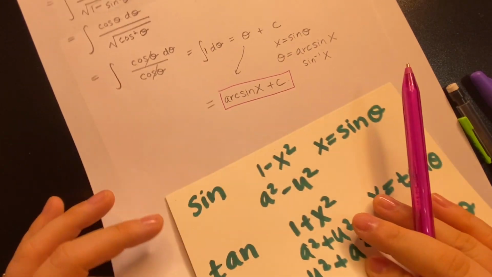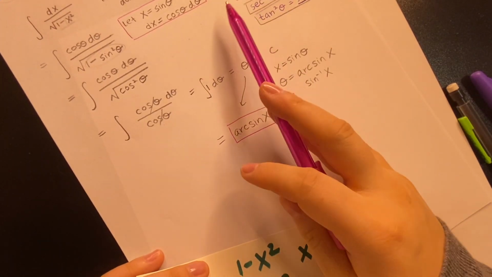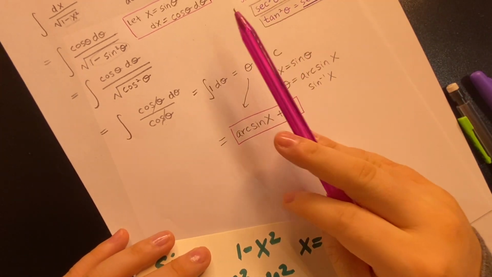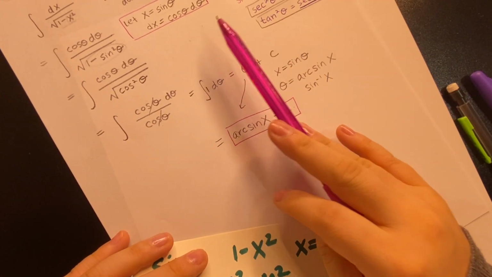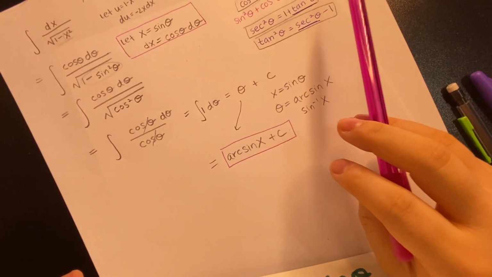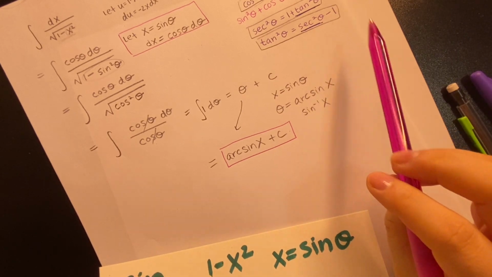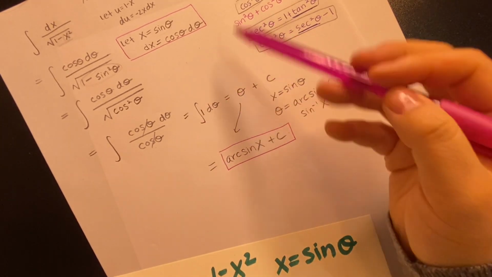You might have learned this in the context of ratios with right triangles and stuff like that. That is usually for later. So the intuition is that these identities all come from the unit circle anyway, and right triangles.